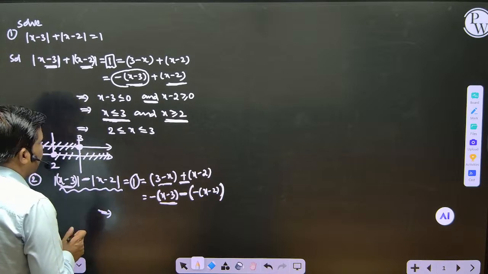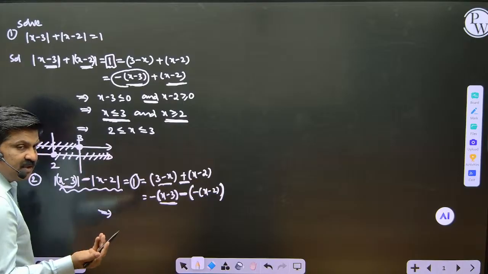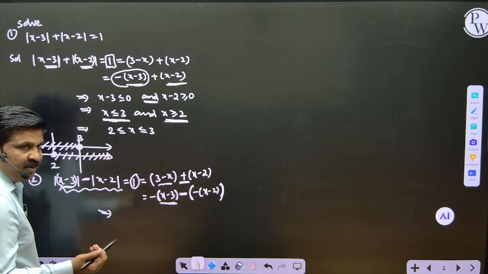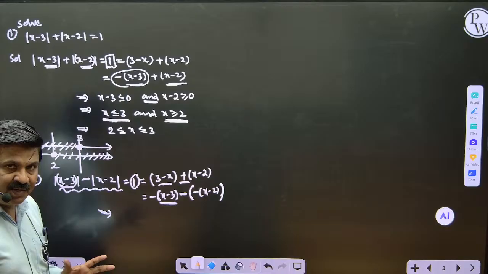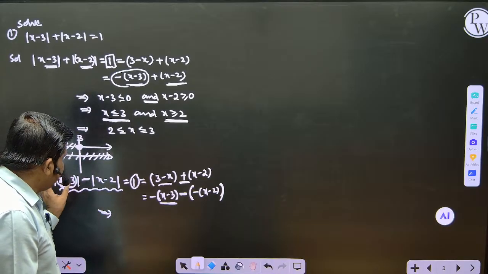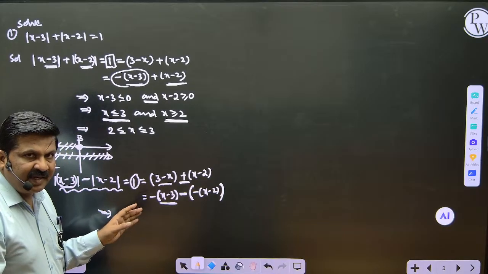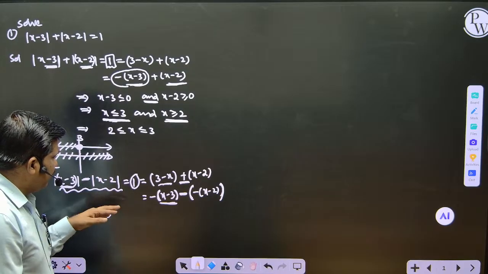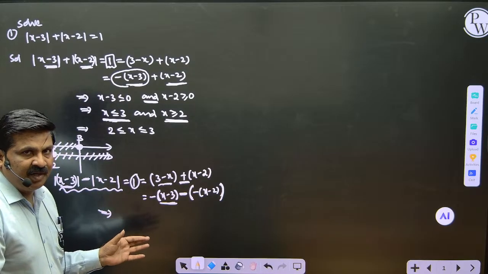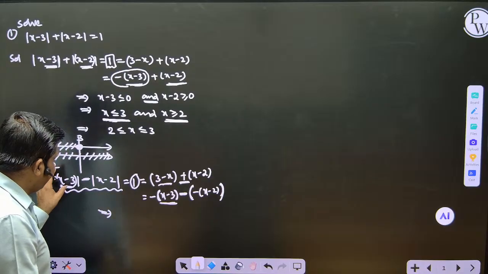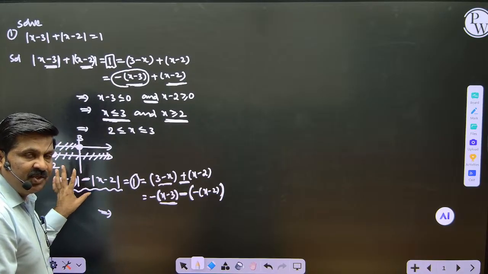So inside the modulus is what? Negative, or 0 also we can take. I already told you. Either you can take a 0. Inside the modulus is negative, I can take minus of inside the modulus. But this holds for negative or 0 also.